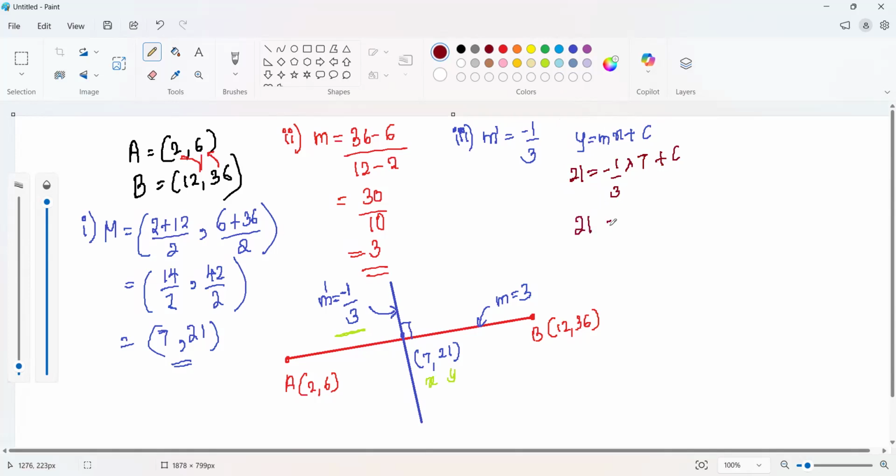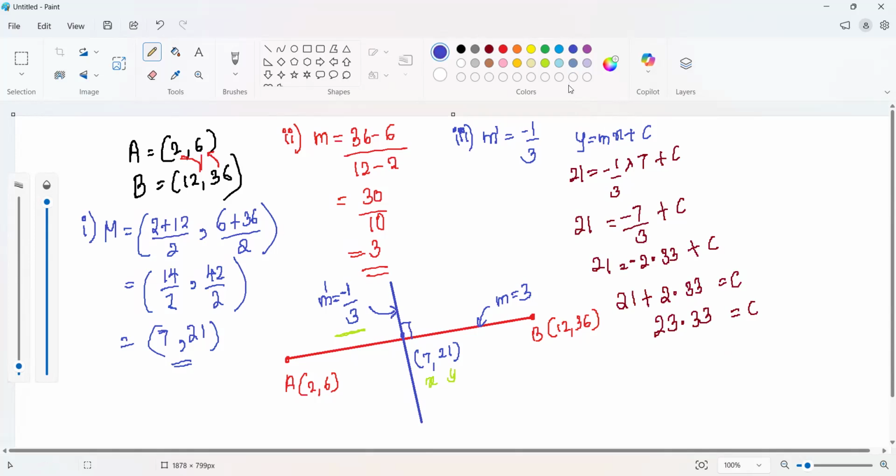So 21 equals negative 7 over 3 plus c. Negative 7 over 3 is negative 2.33 something, plus c. The negative goes to the other side and becomes positive, so c equals 23.33.